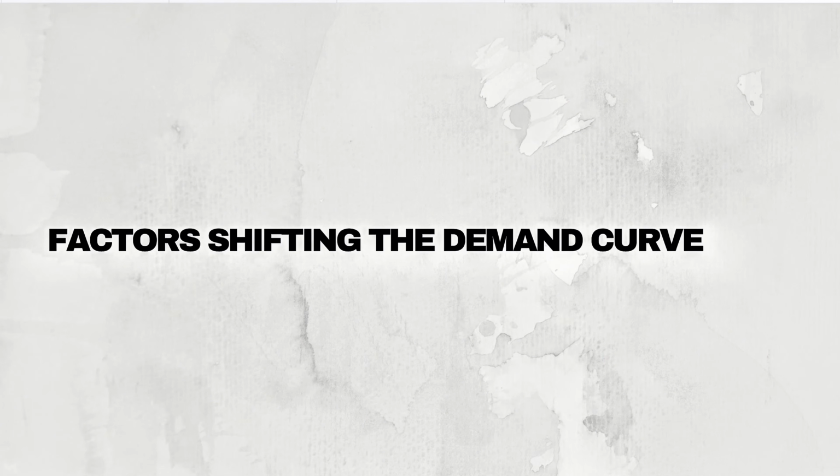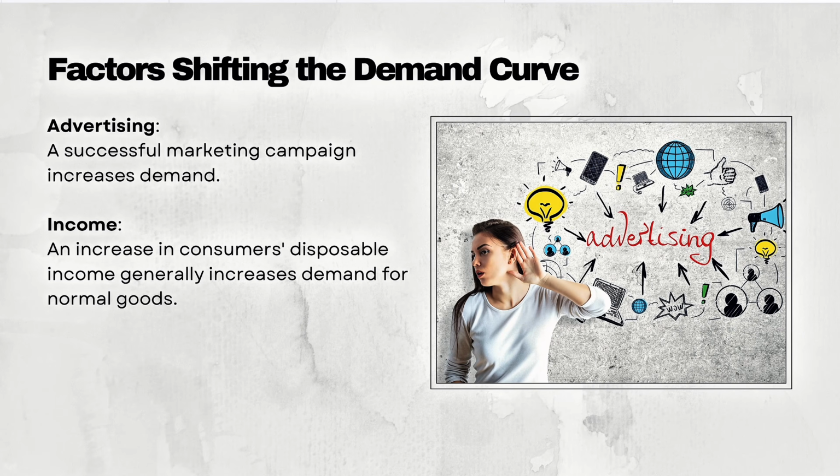Chapter 4. Factors shifting the demand curve. In the next few slides, we'll be going over the factors or the reasons of why the demand curve will either shift to the right or to the left. Firstly, advertising. If a successful marketing campaign was to be implemented by businesses, the demand for these products will increase.